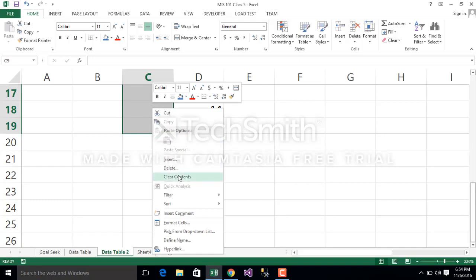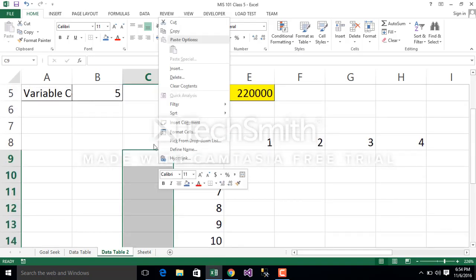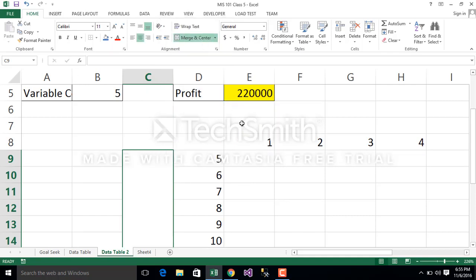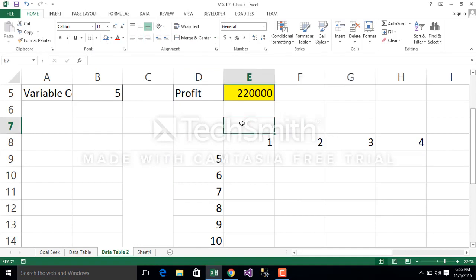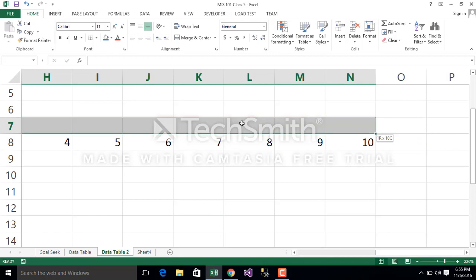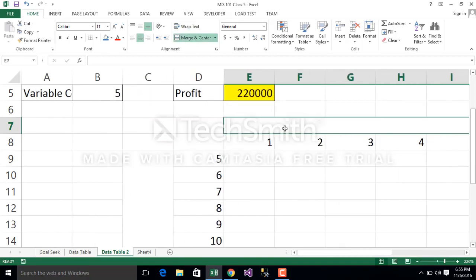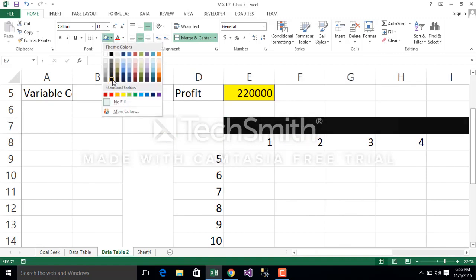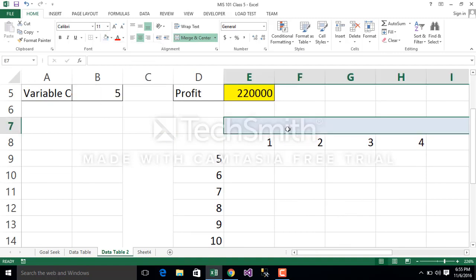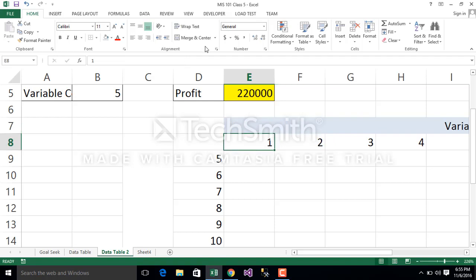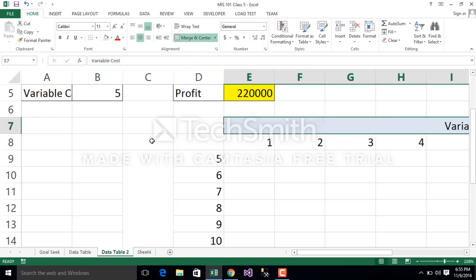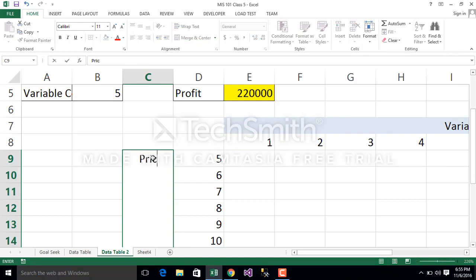We'll see the profit for different prices, and this is for different prices. Now this is variable cost, different variable costs, and different prices.